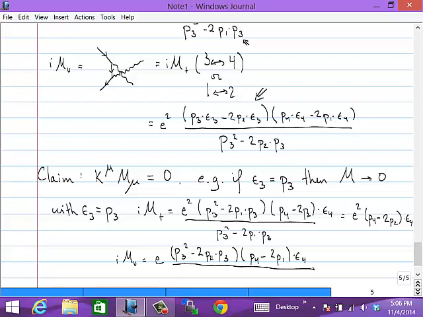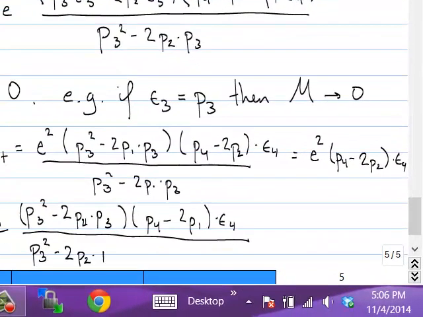You can now see why I chose to write the denominator in terms of P2 and P3. You get a P3 squared minus 2 P2 dot P3, which cancels the corresponding term in the numerator, and you get E squared times P4 minus 2 P1 dotted with epsilon 4.